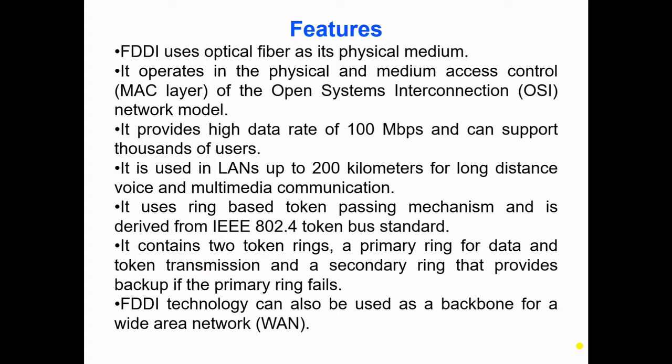Now the third point is it operates at a high data rate of 100 megabits per second, and can support thousands of users. It is used in local area networks up to 200 kilometers for long distance voice and multimedia communication.